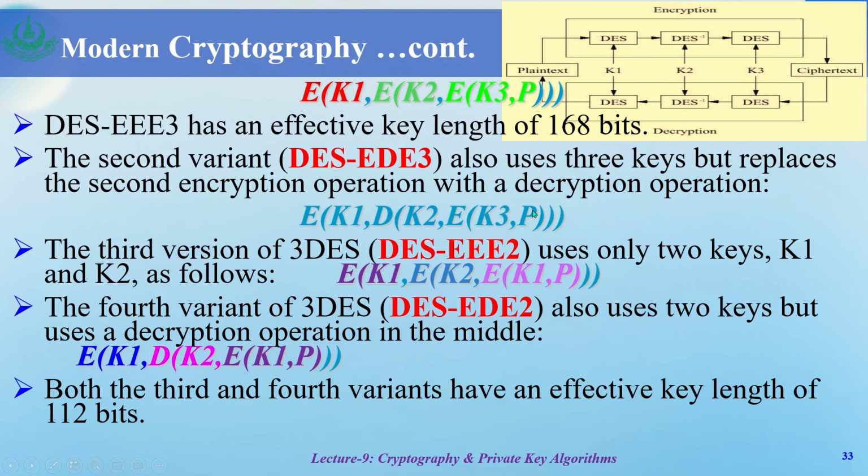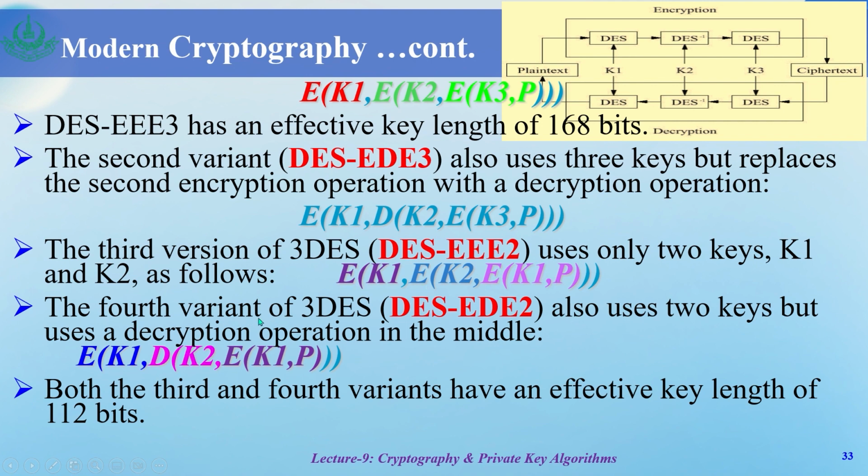The third version of 3DES is EEE2, using only 2 keys, K1 and K2, as follows. First it encrypts the message using K1 and then K2, and then again encrypts with K1 the plain text. This produces the ciphertext.